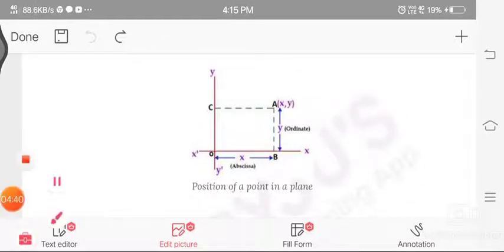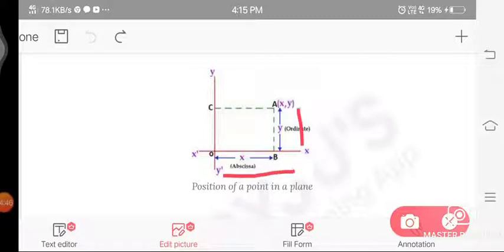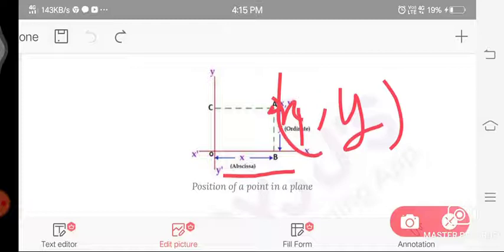See here, this is the abscissa and this is the ordinate. The point A is here.